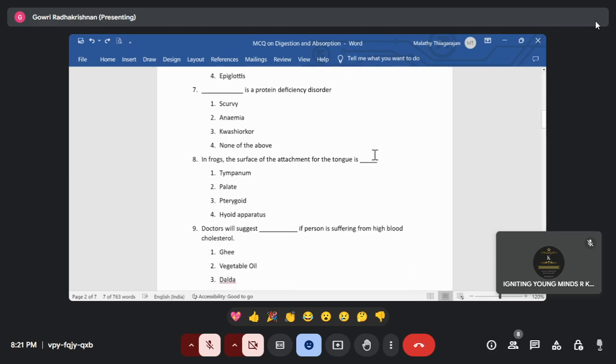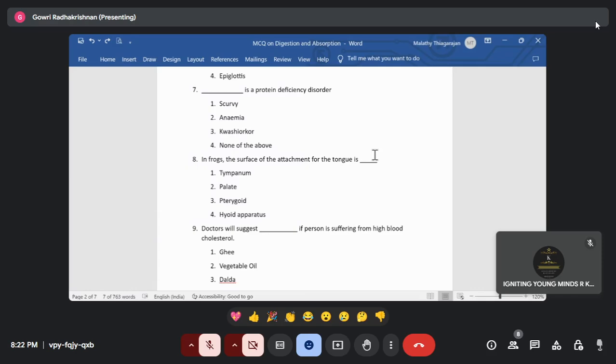Seventh question. Dash is a protein deficiency disorder. Scurvy. What is scurvy? Do you know which disorder triggers it?